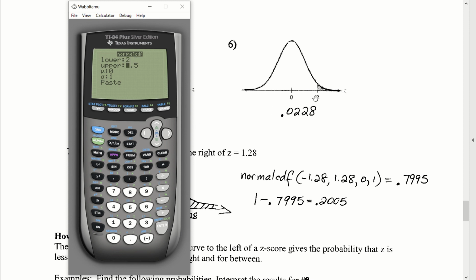It goes all the way to the right, so our upper bound should be 1, second E, 99. Standard normal, so it's still 0 for the mean, 1 for the standard deviation. Go ahead and hit enter. And to 4 places, this would be 0.0228.